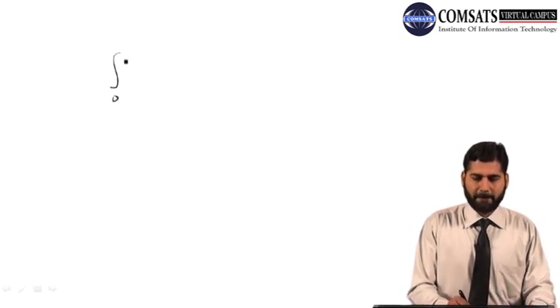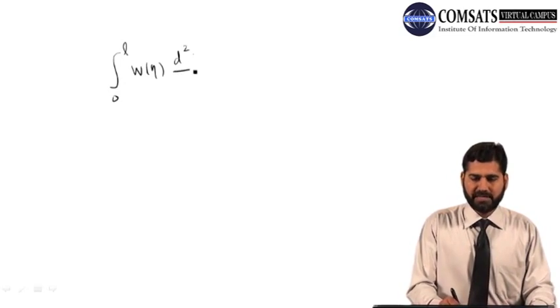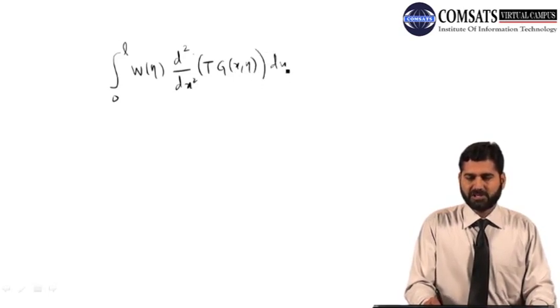But in the last slide, if you see, we had this expression that the integral from 0 to L of W eta d2 by dx square of T G x eta d eta should be equal to minus Wx.